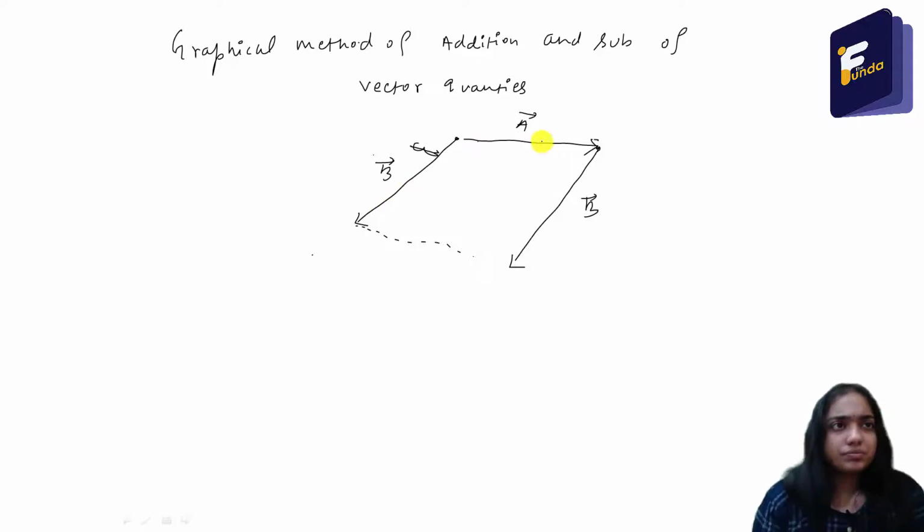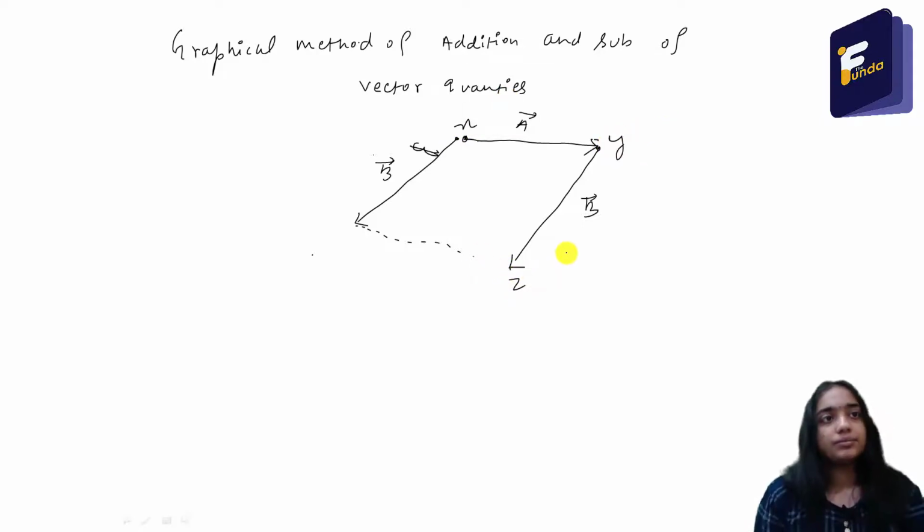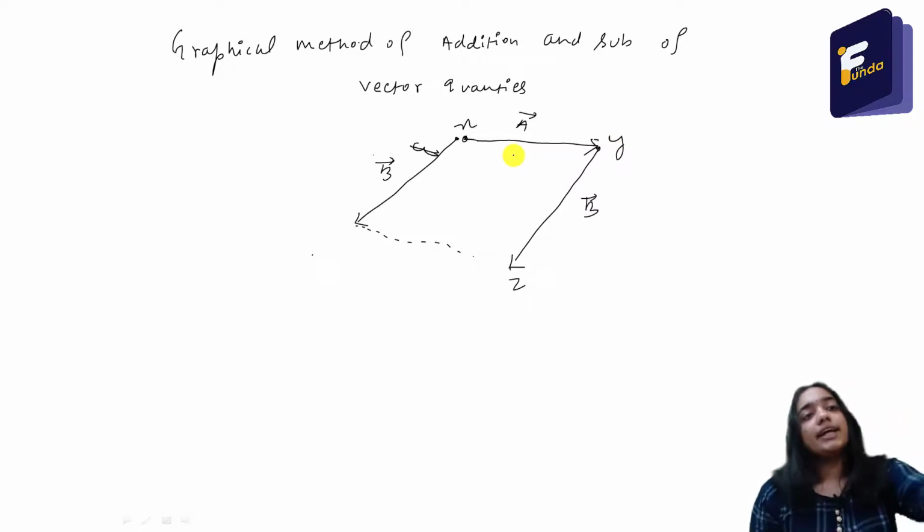Now suppose this point is X, this point is Y, and this point is Z. Let's say A is a displacement vector.